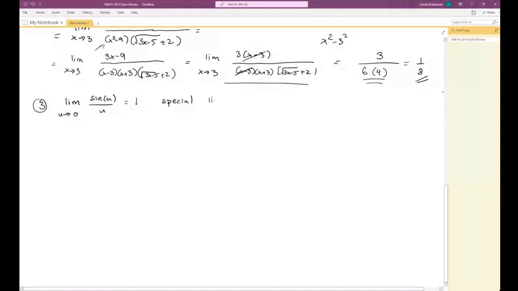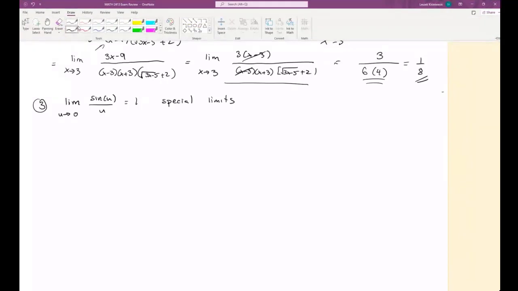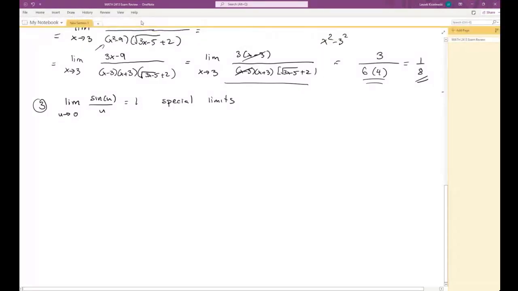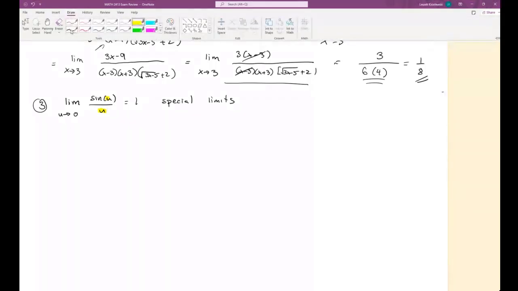The important thing is to notice that the thing inside of sine could be a complicated function of x or whatever, but as long as that thing goes to 0, and the denominator is exactly the same as what's inside the sine function, then we have the special trig limit.